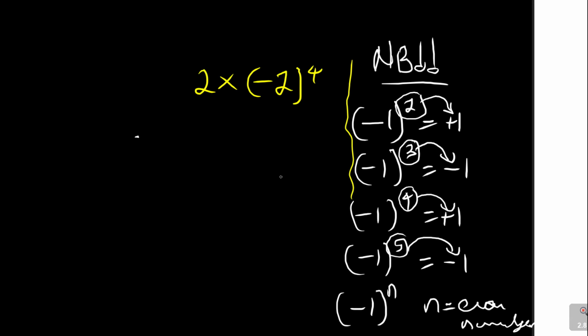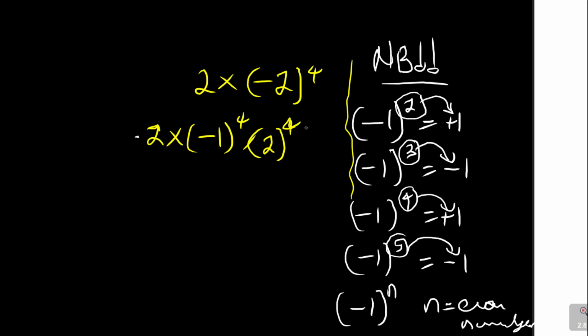So the same thing now, if I say here minus 2 to the power 4, you don't worry with the power. First of all, you separate this like this. You are going to say this is the same as saying 2 times minus 1 to the power 4 times 2 to the power 4.